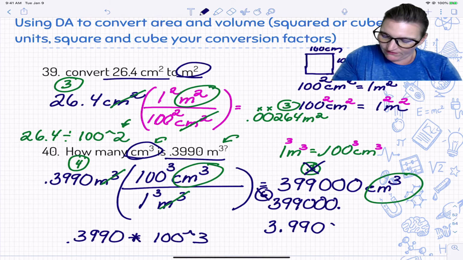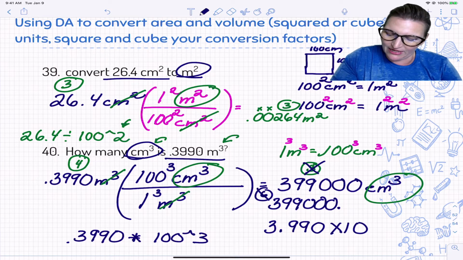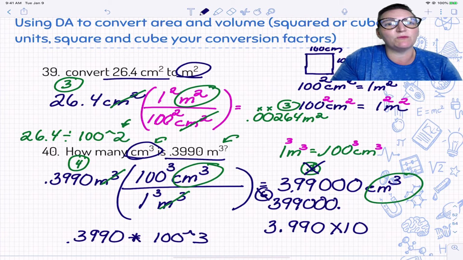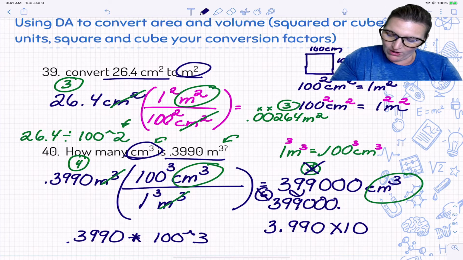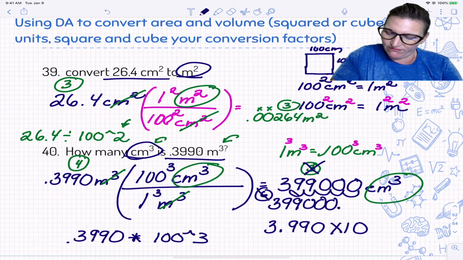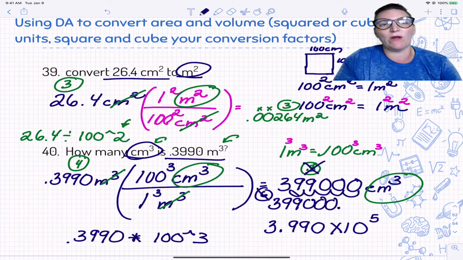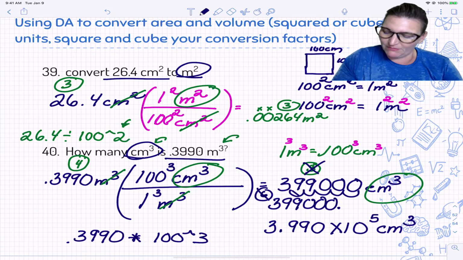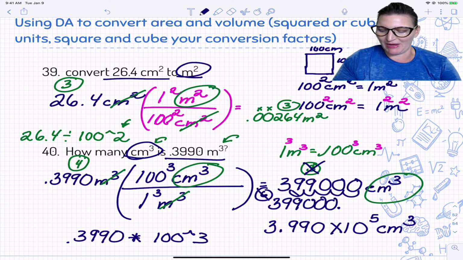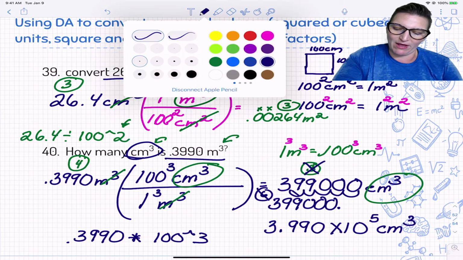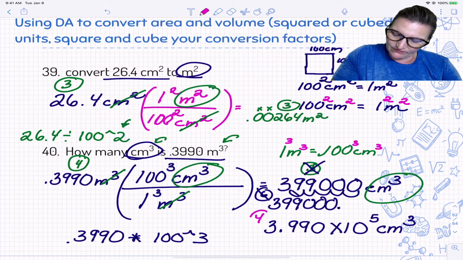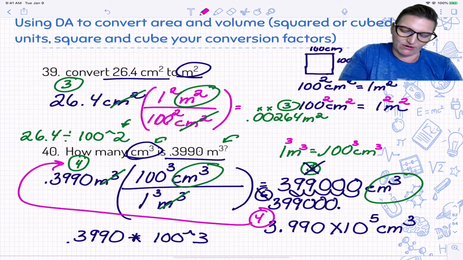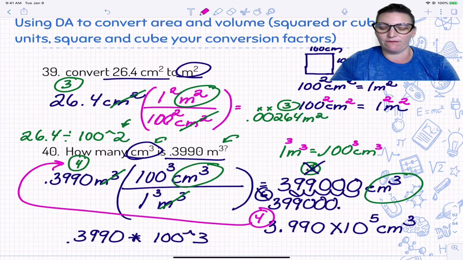That has 4 significant figures. Times 10, and then how many times would I have to move my decimal point? 1, 2, 3, 4, 5. So 3.990 times 10 to the positive 5 centimeters cubed is my answer there. And that's how I can get the same number of significant figures that I started with, 4.